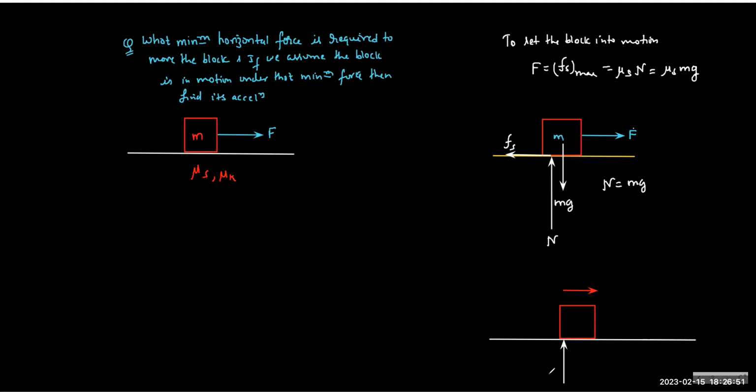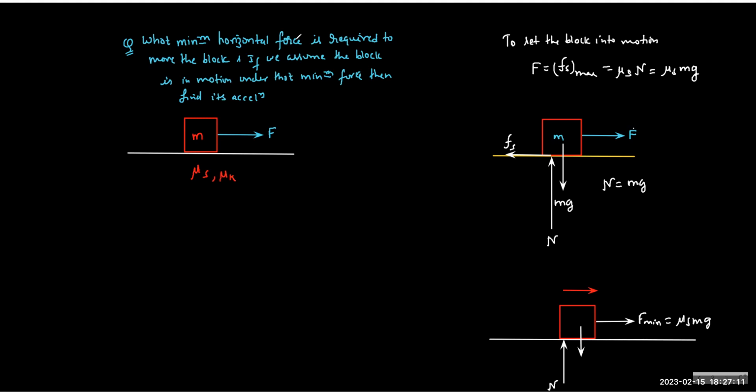N will be same or different? Same. And gravity? Same. And the applied force? Same. So F is the minimum force which you applied, and the answer is mu-s mg. And now it is in motion.